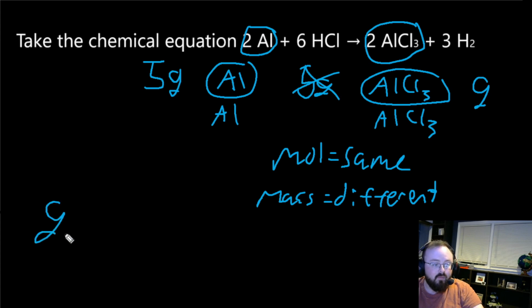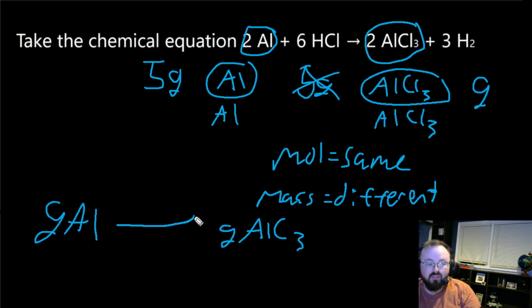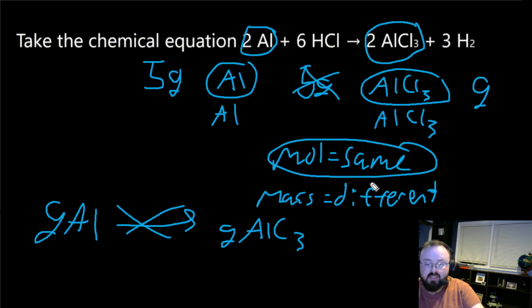So instead of going from grams of aluminum to grams of AlCl3, I cannot do that, because I don't have a way to compare their masses. I don't have a way to compare between apples and watermelons. But what I do have a way to compare, between aluminum and aluminum chloride, is that the moles are the same.